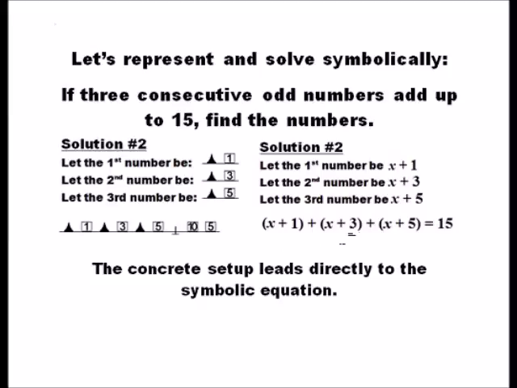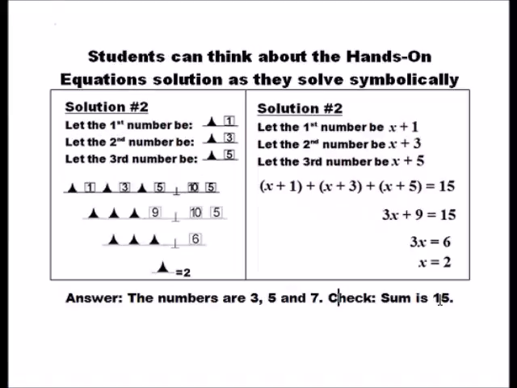And then notice how the abstract equation matches the concrete equation. This would be x plus 1, x plus 3, and x plus 5 is equal to 15. So students can think about hands-on equations as they solve symbolically.